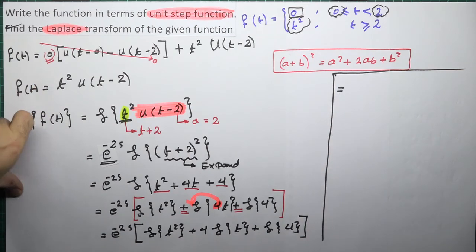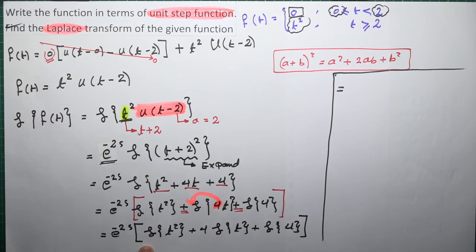It will be. Now, what is Laplace transform of t squared? It will be 2 over s cubed, where this one will be 1 over s squared, and this will be 4 over s. طبعا لازم نكون حافظين هذه القواعد.